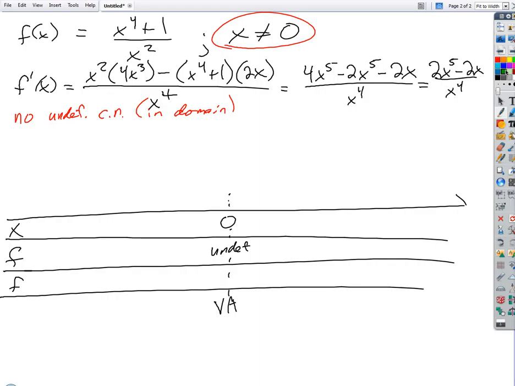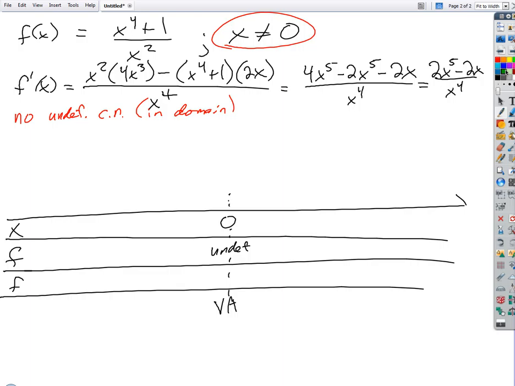I said that in kind of a weird way. Let me restate that. So we know that if I have a rational function, a function that's got pieces on the top and the bottom, I know that the function as a whole will equal 0 when its numerator equals 0. The function will be undefined when its denominator equals 0, right? Does that make sense? Yeah.